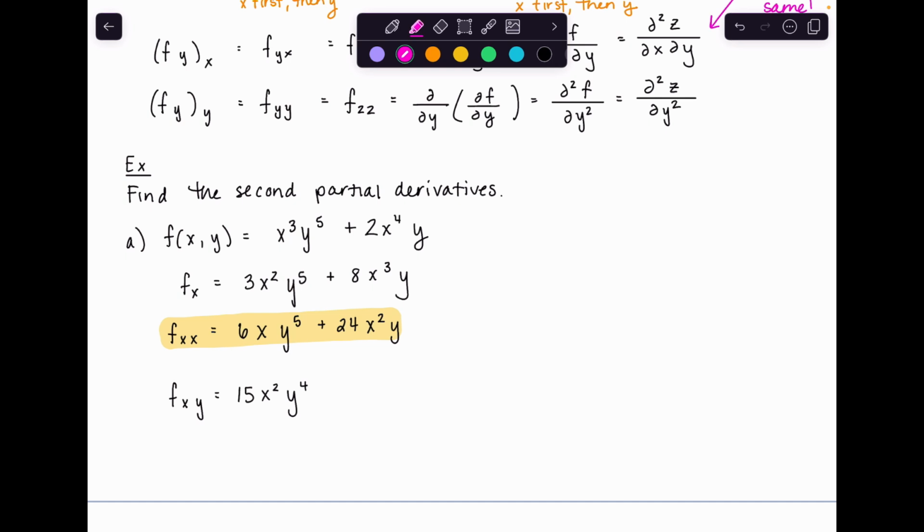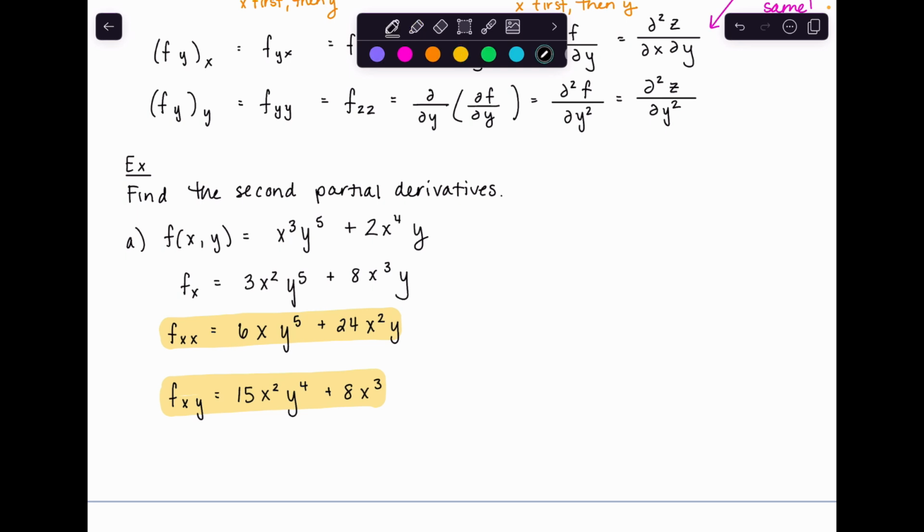Now for the next one, when I differentiate y, that's just 1. So you just get the 8x cubed attached to it. So that becomes 8x cubed. And so that is our second partial. And this one we call our second mixed partial.